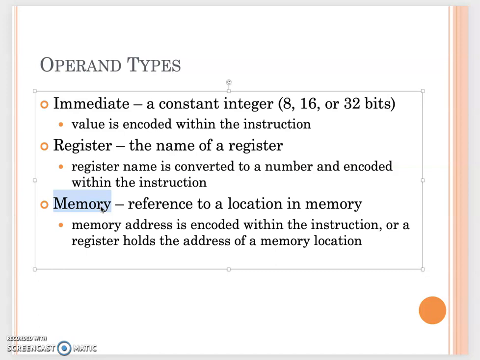Those data labels refer to the location of the memory operand, so they hold the memory address. When using a memory operand, the memory address is encoded within the instruction, or you have a register hold the address of the memory location. So those are the 3 different kinds of operand types.